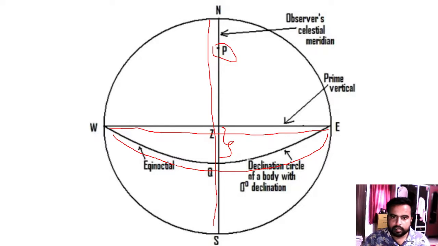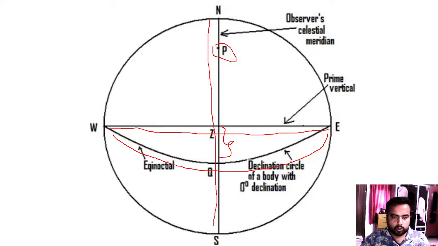And as you can see, the elevated pole, the degree to which this elevated pole is above the horizon, is the same as the latitude. So our NP will be equal to ZQ. In this figure you can see NP is equal to ZQ.